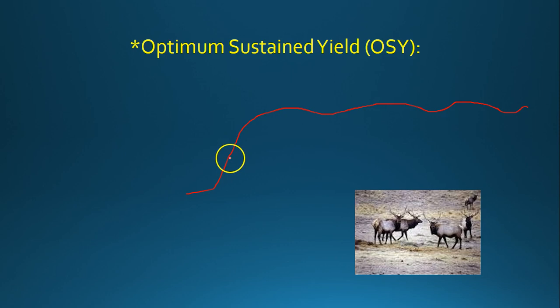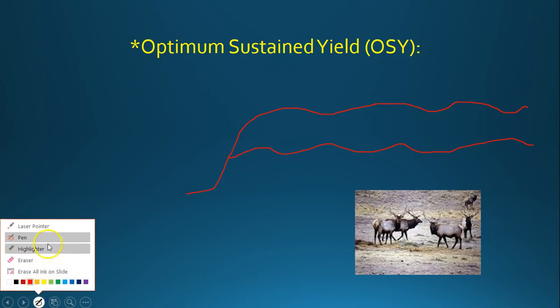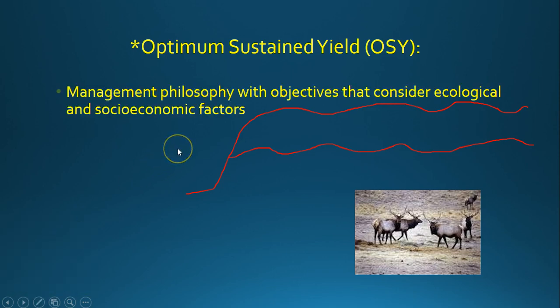The social carrying capacity might be way lower. Maybe we could support this many wolves in an environment, but maybe humans are only accepting this level. So here's the idea that humans can then influence what our carrying capacity is by some socioeconomic factors.